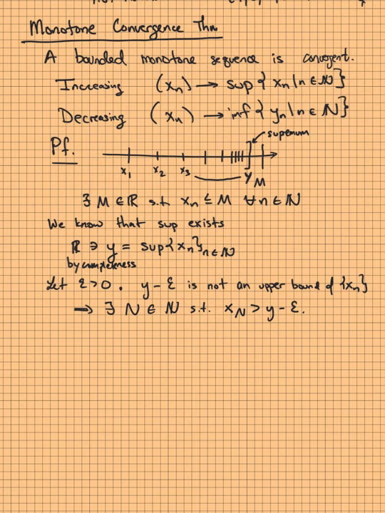Otherwise y minus epsilon would be a smaller upper bound than y, but y is the supremum. So we have y minus epsilon less than xN, which is less than or equal to y.